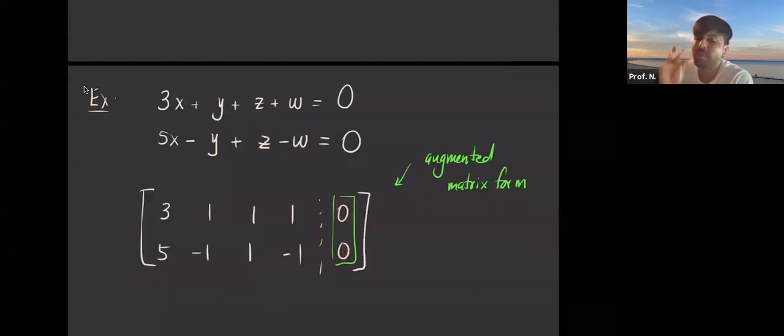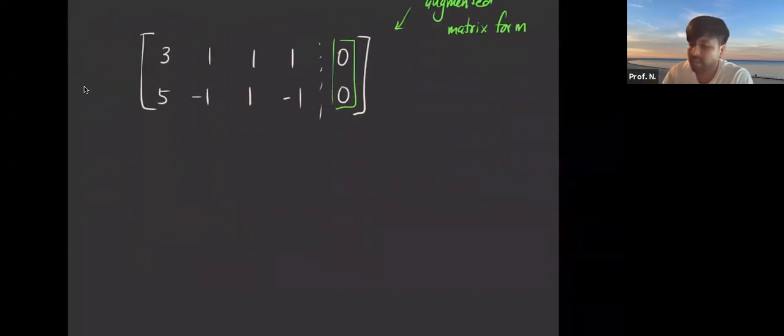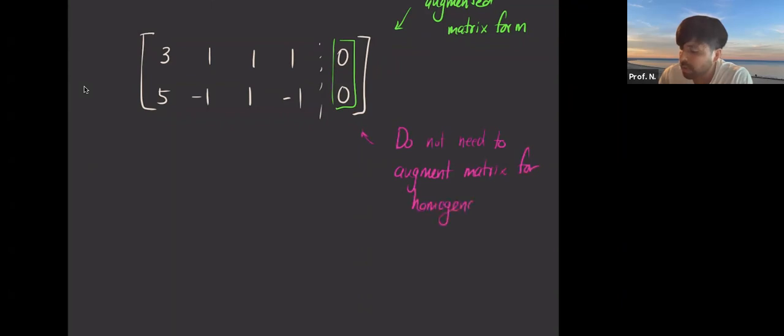So in a way, for homogeneous systems only, you don't even need that last column. I do not need it. So let me just write this: you do not need to augment the matrix for homogeneous systems.